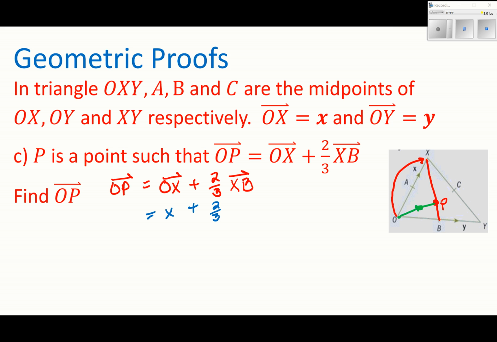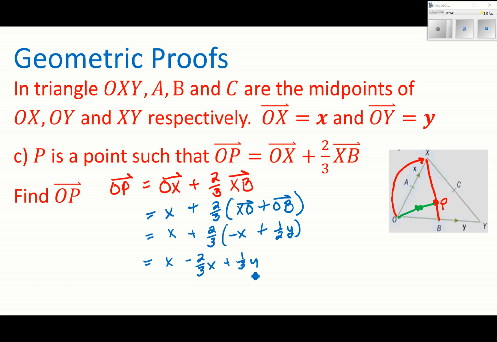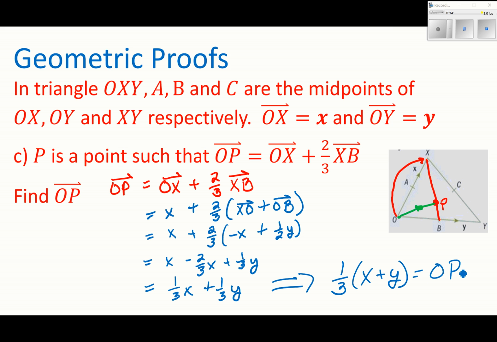If I want to go from X to B, I could also go from X to O, back to the origin, plus O to B. So this is my boldface X plus 2/3 XO, which is really just the opposite, so that's a negative X, plus O to B, which I know is 1/2 of Y. So now I have X minus 2/3 X plus 1/3 Y. If I have 1 subtract 2/3, that leaves me with only 1/3 X left plus 1/3 Y. So then I can say 1/3 of X plus Y is going to be OP.